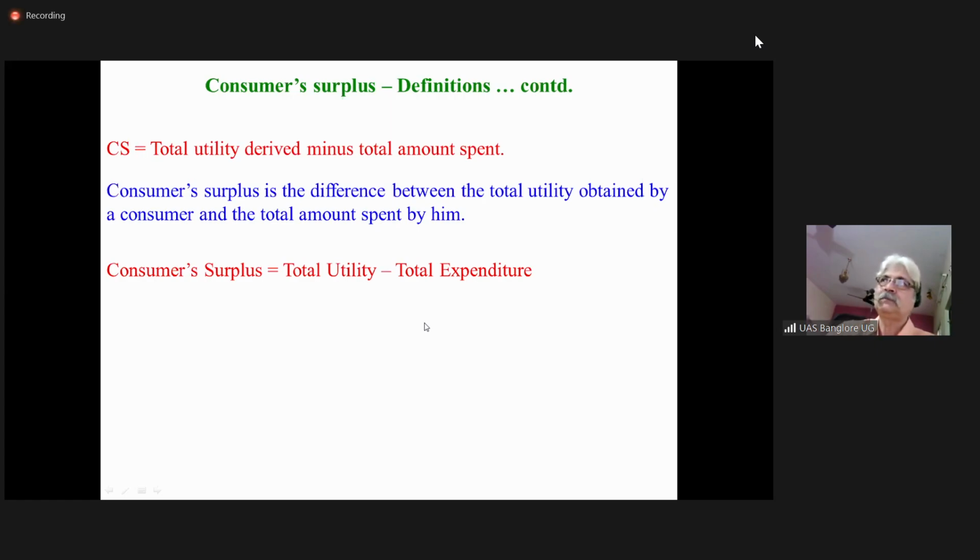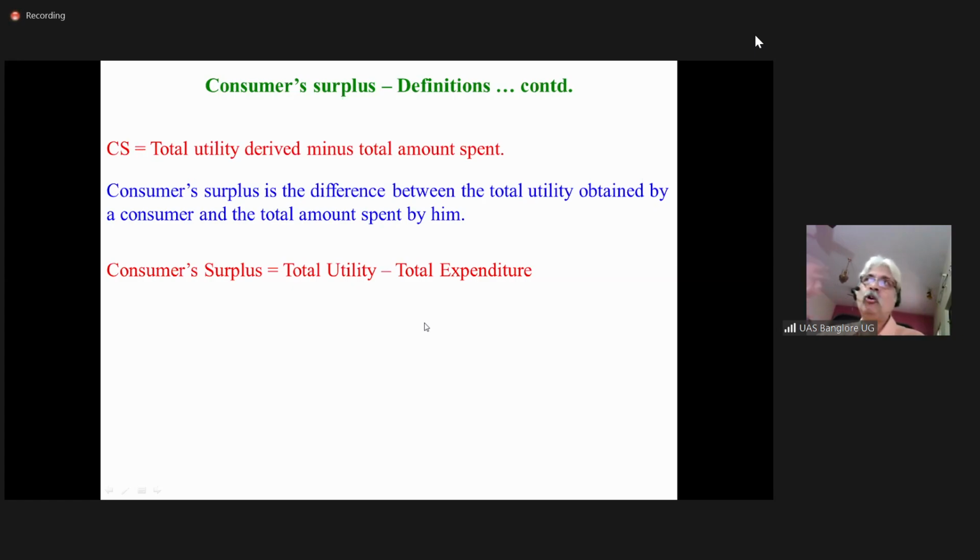The first mango, the first unit of mango you consume, you get 15 utils of satisfaction. The second unit of mango you consume, you get 10 utils of satisfaction. So first marginal utility, 15 utils. Second marginal utility, 10 utils.